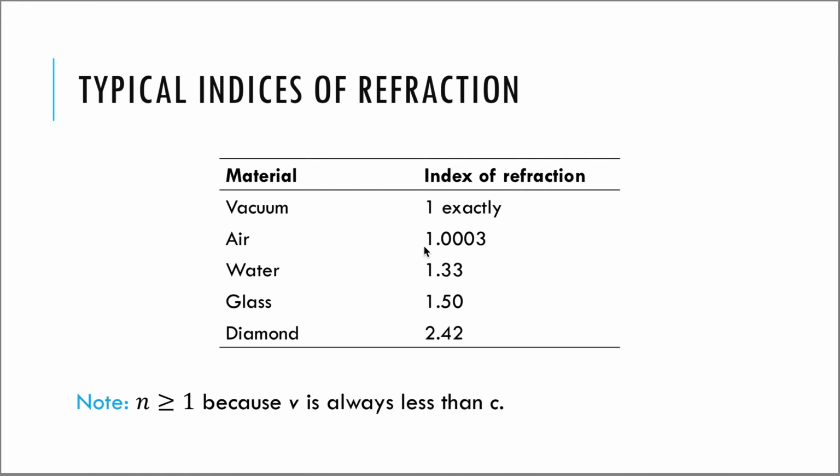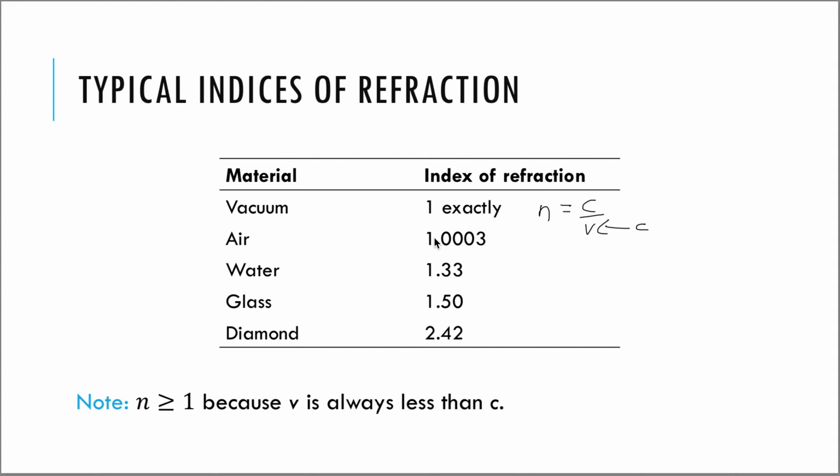I have a table here that shows typical indices of refraction. Vacuum has an index of 1, and that makes sense because if n equals c over v, well, the speed of light in a vacuum is c, so c over c equals 1. It turns out that in air, the index of refraction is also basically 1.